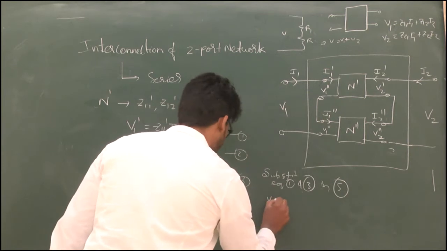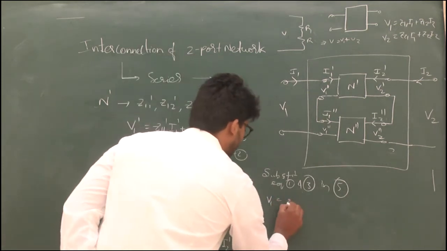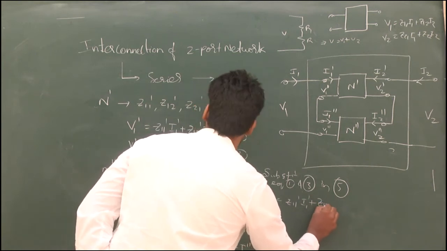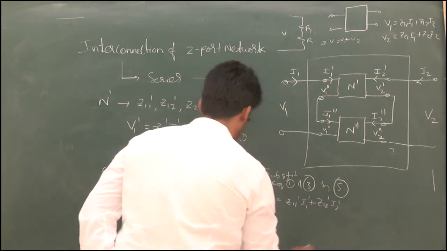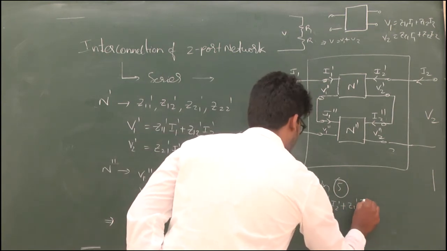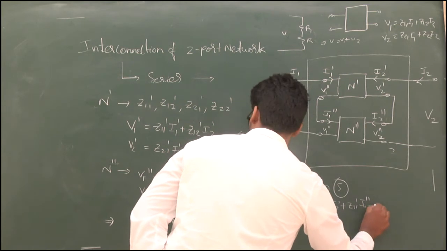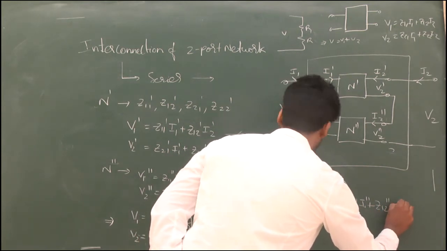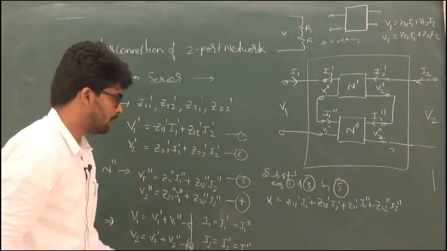Therefore, we get V1 equal to Z11 dash I1 dash plus Z12 dash I2 dash plus Z11 double dash I1 double dash plus Z12 double dash I2 double dash. Now the main thing happens here.